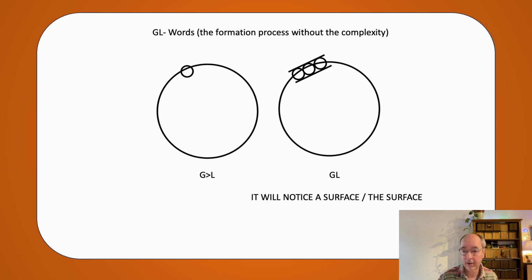That's actually enough in the physical world to notice the G or the G with L. So I notice a surface. If I explain words with that, they will all come down to this surface, and that's about it. So I will miss something, but I will still be correct if I notice something.